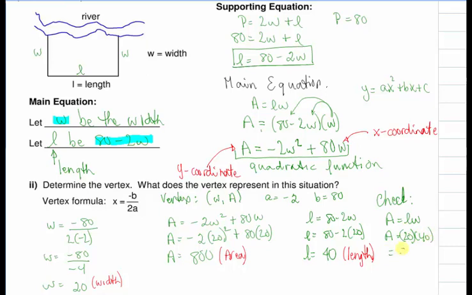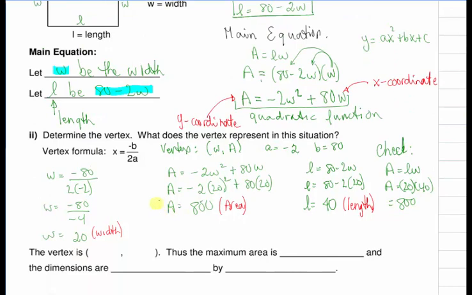Length times width, and that gives me 800. Okay, and if you take a look, that's what we have here. Okay, that our area is going to be 800. So my vertex then is my width first, so 20, and my area second. Okay, so your vertex is 20, 800.